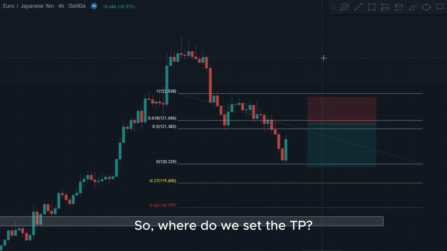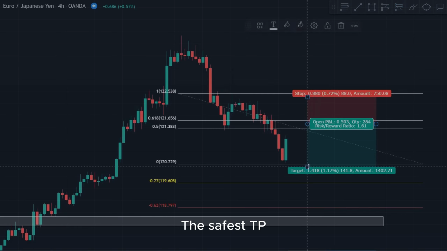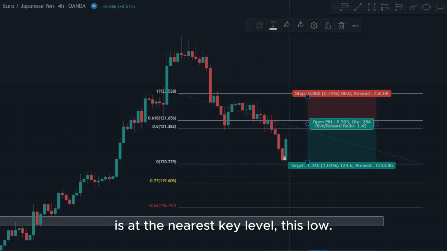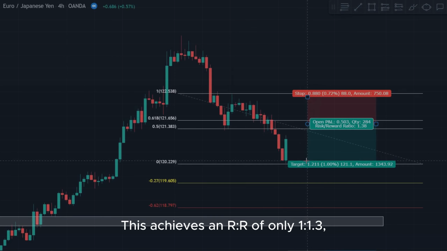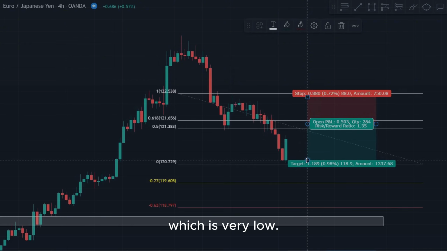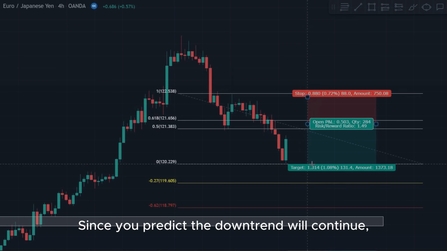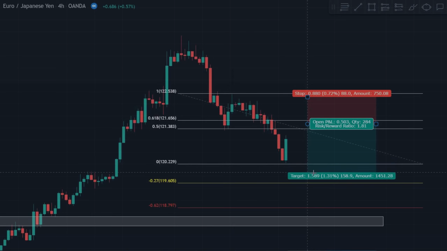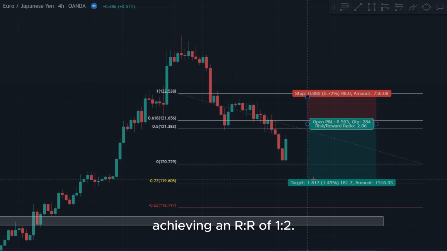So, where do we set the TP? The safest TP is at the nearest key level, this low. This achieves an RR of only 1 to 1.3, which is very low. Since you predict the downtrend will continue, set the TP further to the yellow level, achieving an RR of 1 to 2.